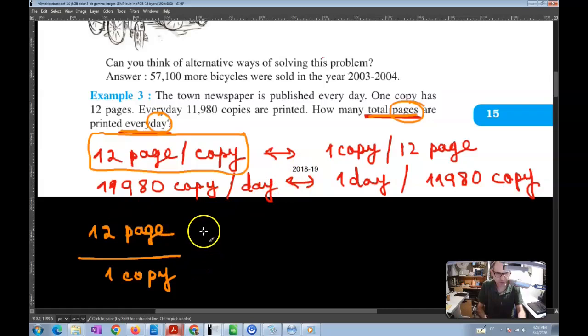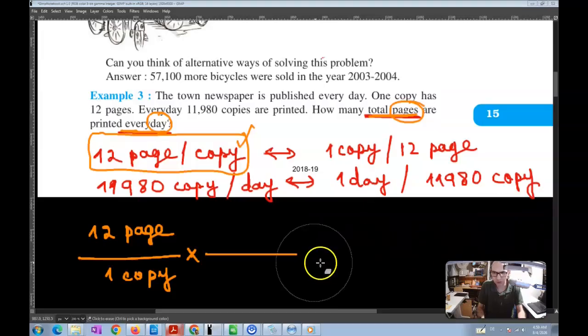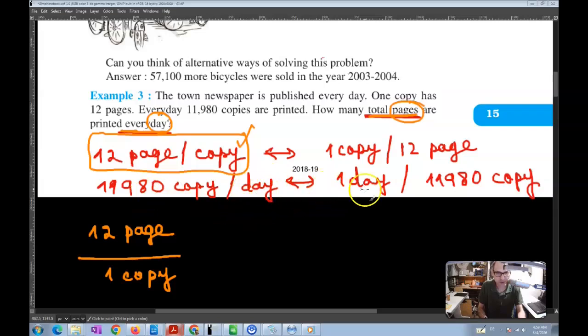And of course, you can keep multiplying in a string. For example, I have written this piece of information over here. Let me show you something. You see that the second piece of information is either this variation or this variation, right?